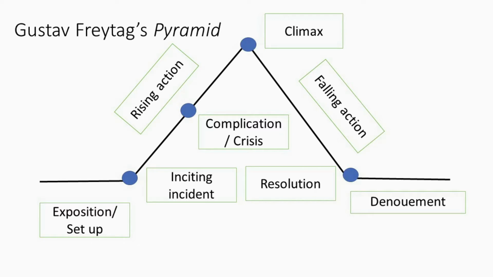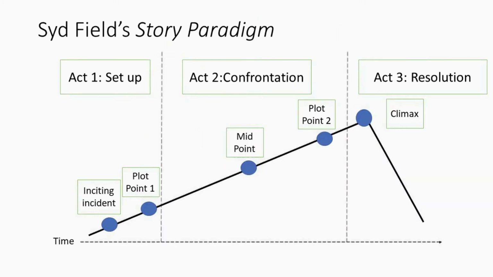That traditional story arc from Gustav Freytag has been over time modified and changed by various screenwriters, and one example is Sid Field. Again, I'll provide links for any of his books in the description below this video. So Sid Field came up with what is called a story paradigm, and you can see it here.